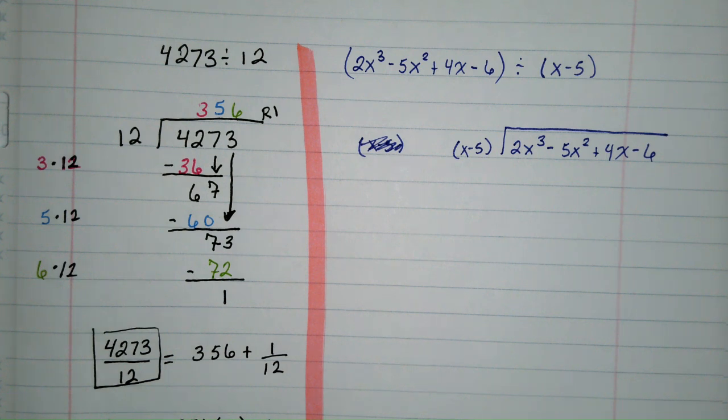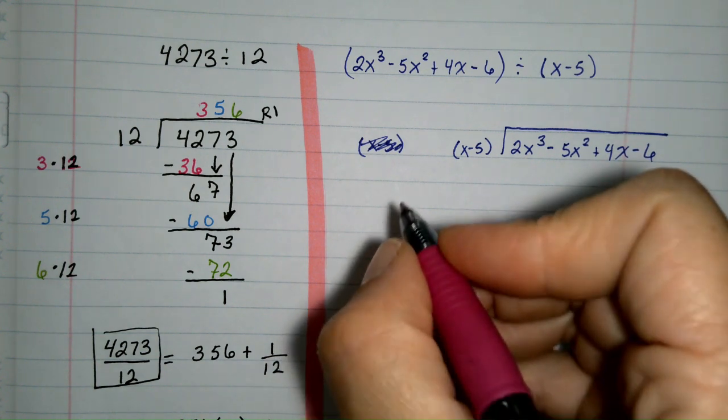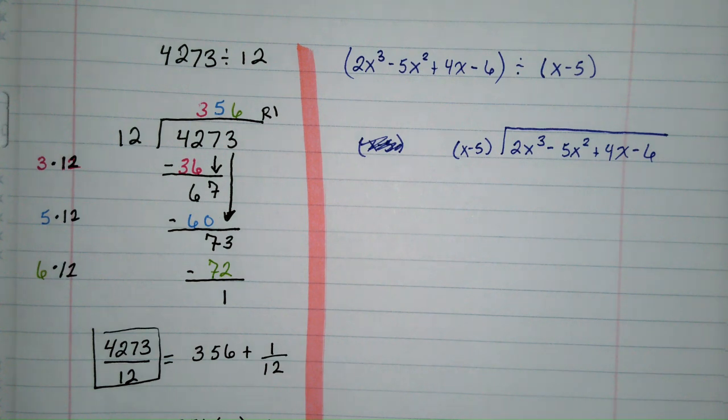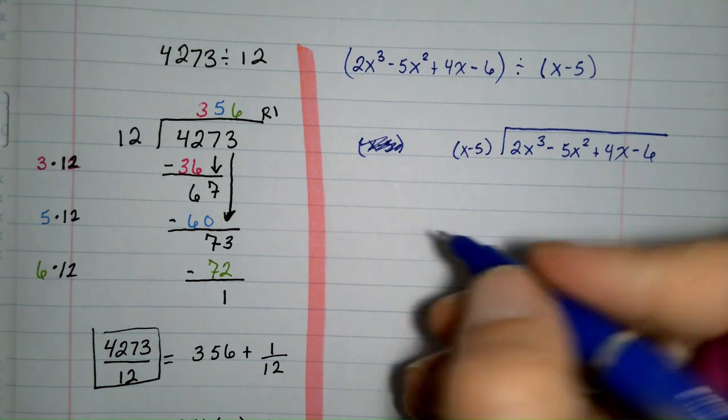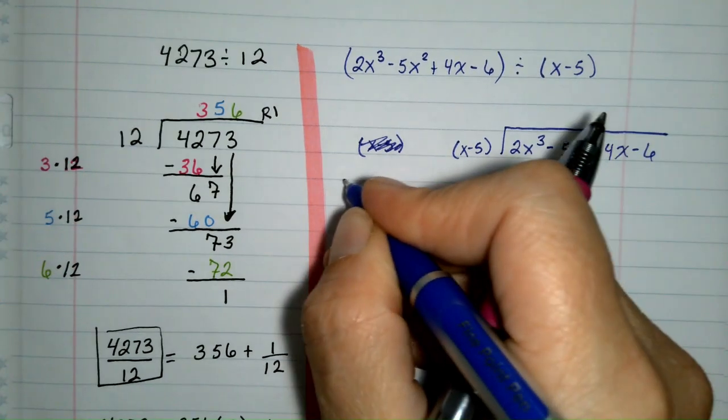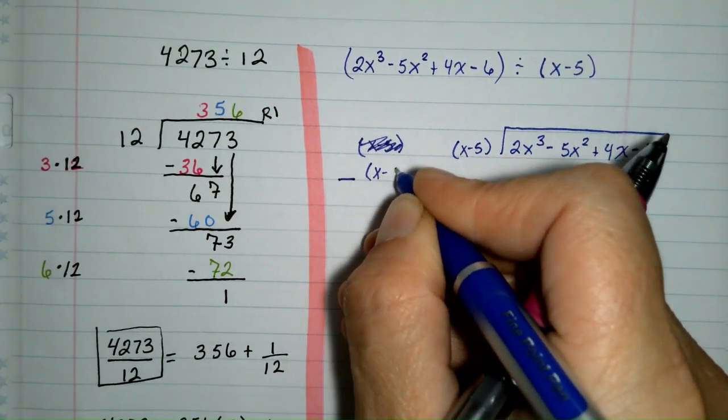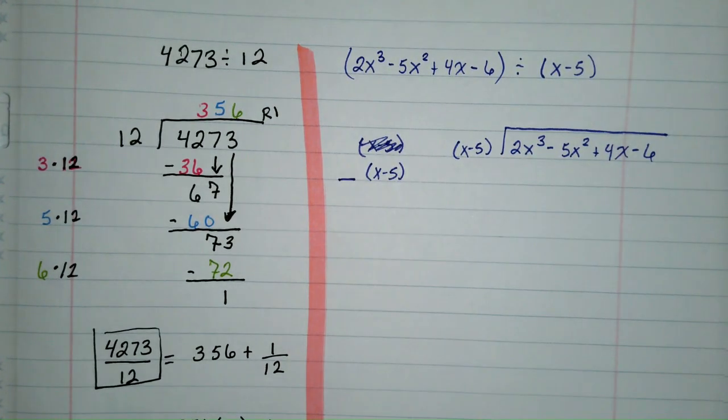So our goal is to get as close as we can to the term without going over. In this first case, I have to multiply x minus 5 by something to get it as close to 2x cubed as I can, so that the 2x cubed is going to cancel out.